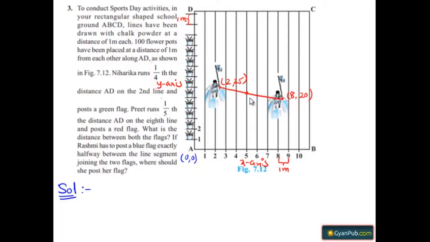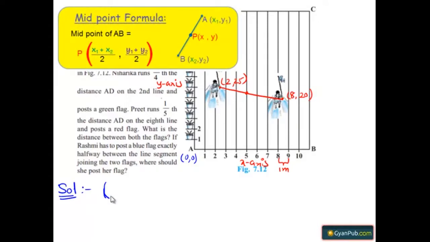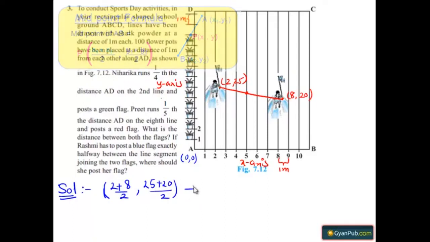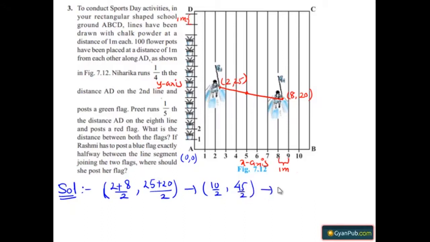That is, it must be posted at the midpoint of the line joining the 2 points, whose coordinates are given by ((x1 plus x2) whole divided by 2, (y1 plus y2) whole divided by 2), that is ((2 plus 8) whole divided by 2, (25 plus 20) whole divided by 2), which is 2 plus 8 is 10, so 10 divided by 2, comma 25 plus 20 is 45 whole divided by 2, which is nothing but (5, 22.5).